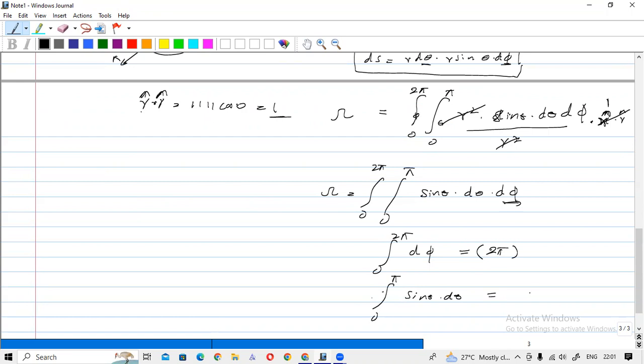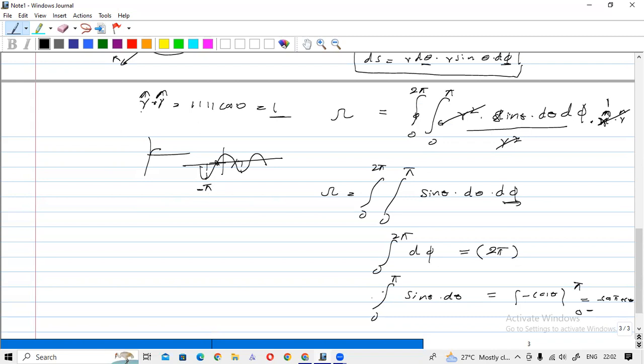The integral of sine theta is minus cos theta from 0 to π. So what is the answer here? Minus cos π plus cos 0. You know that the cos wave is like this, with π by 2 and π marked.